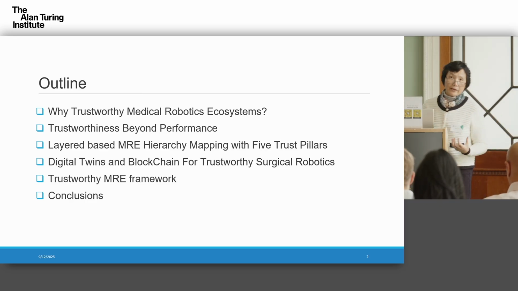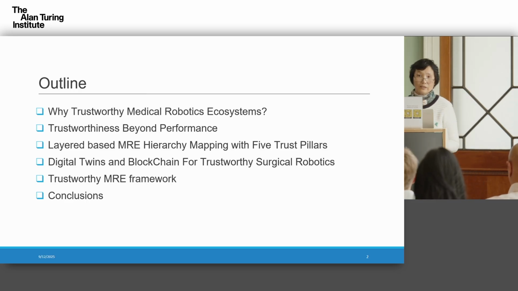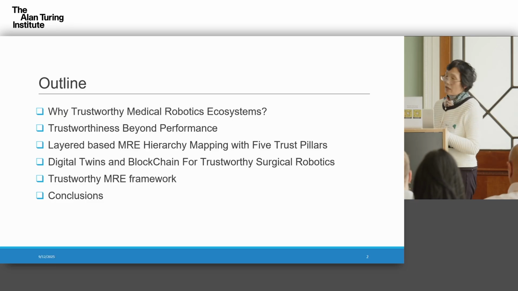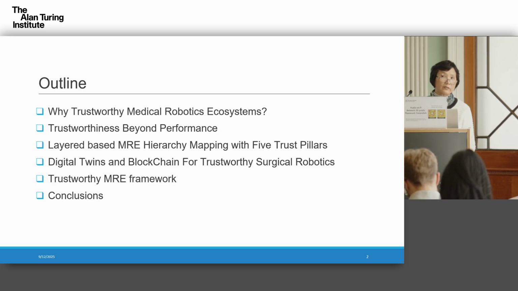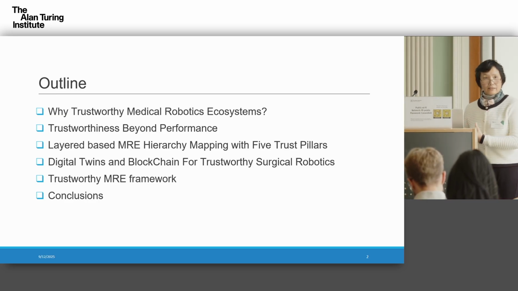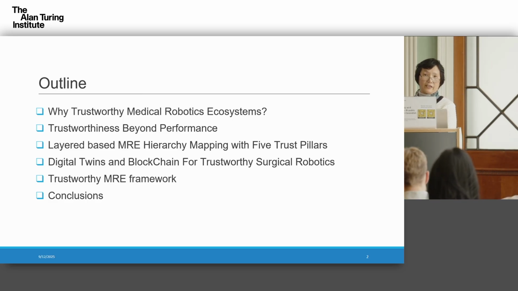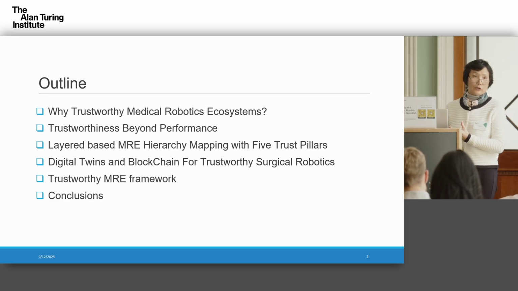Finally, we compare existing AI and robotics frameworks such as DSIT, IDEAL, and NIST, to show how our trustworthy medical robotics ecosystem framework allows us to embed these trust pillars into each component in the layered architecture, to improve patient care and healthcare innovation.